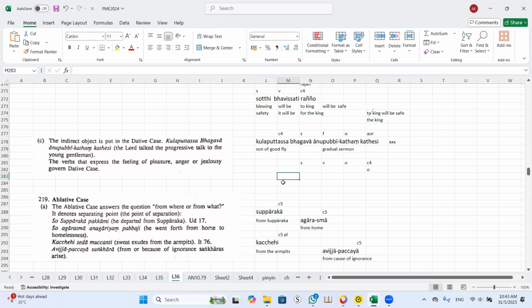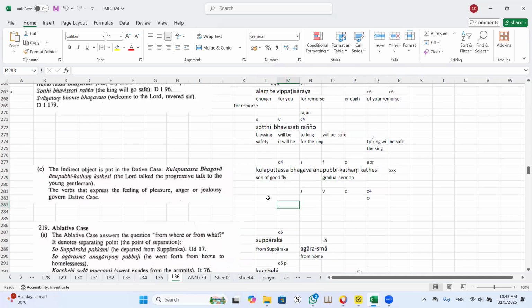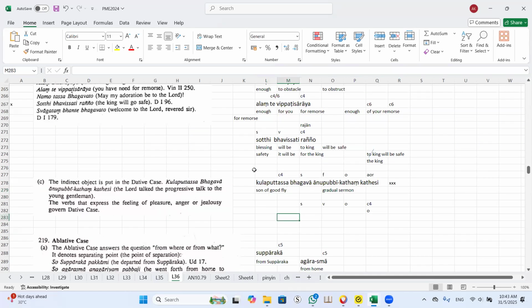Okay. The one just now, Soti bhavisati rano. This rano is the subject, right? Nominative case? Raja is the king, the subject. No, rano is the dative or genitive. Never mind, let's get into here.